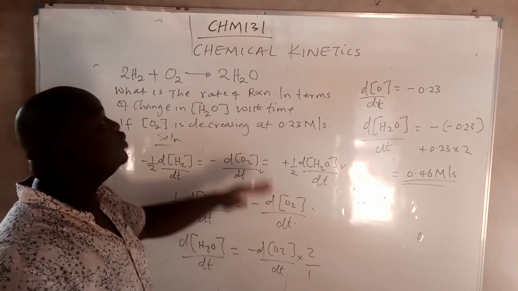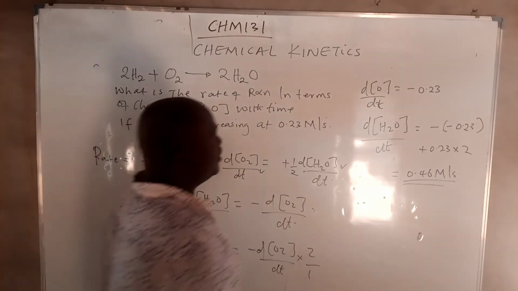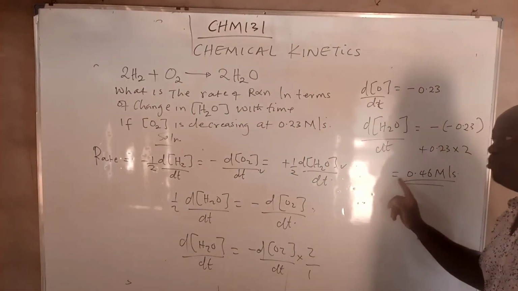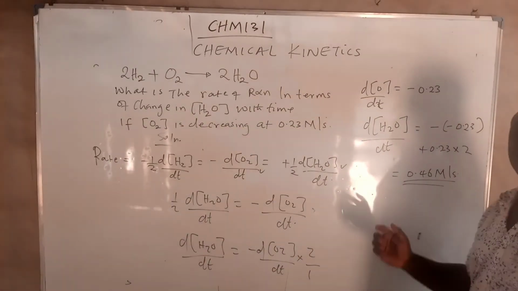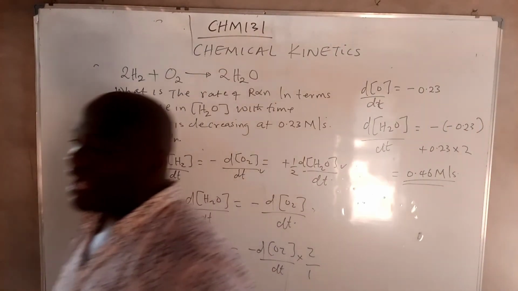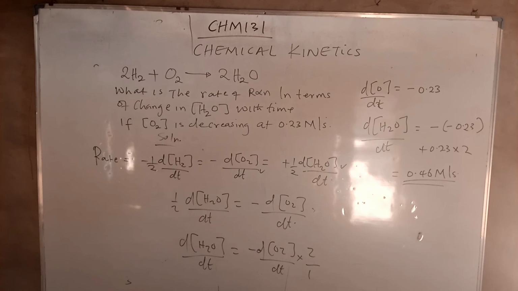It must be plus. Your answer must be plus. So if you forgot to include the minus here, at the end of the day, if you times it, you will not be getting minus. Are you now saying the product is decreasing? That's why I'm taking my time to emphasize this, because I've seen people having issues with it. You will get the answer, but the sign becomes the problem.